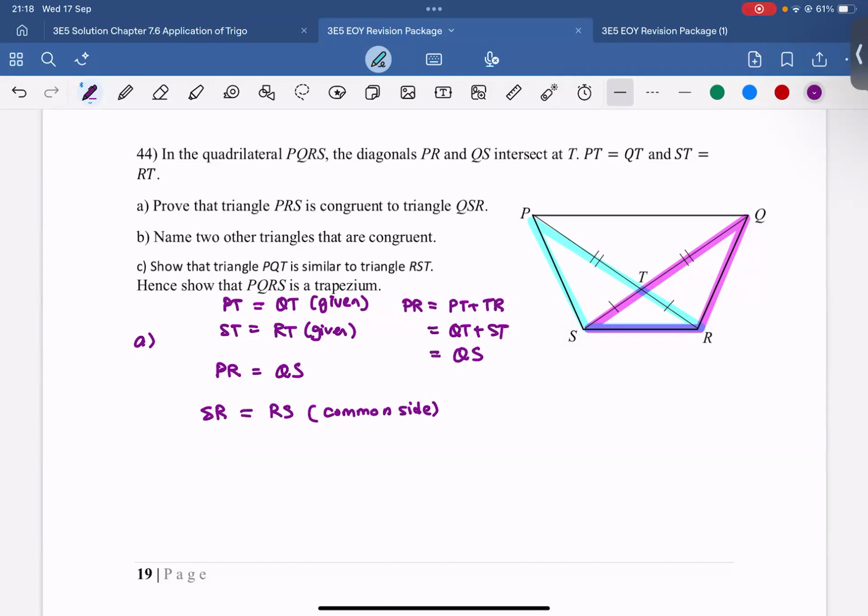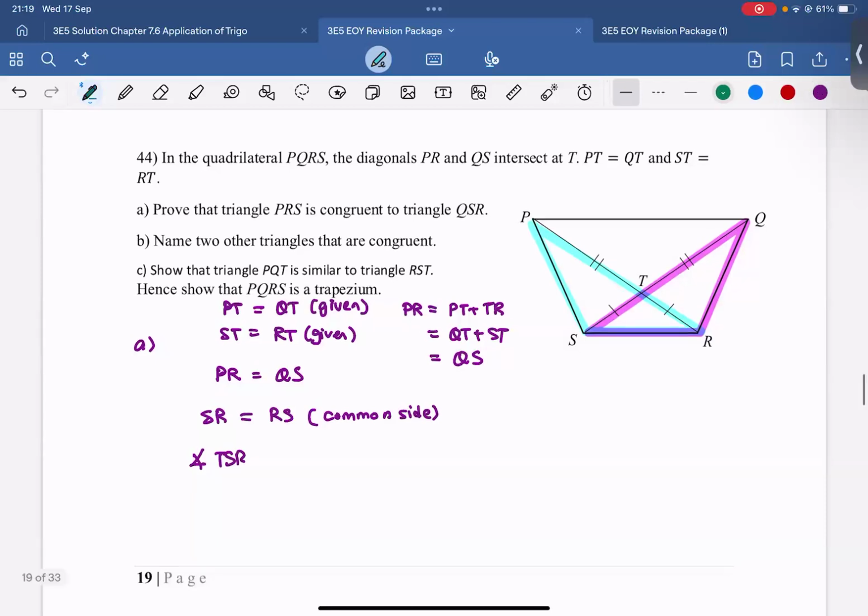Okay, the last but not least, what else can we use? Angle TSR equals this angle. Why? Base angles of an isosceles triangle.